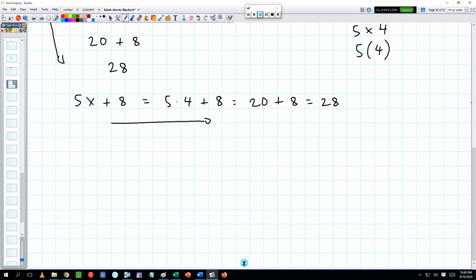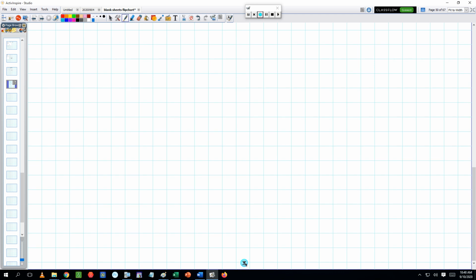Okay, so I want to do a few more expressions. So I have 3 plus 7x. I want to simplify that if x is equal to 5. So that'll be 3 plus 7 times 5. You're supposed to do multiplication before you add. So I'll do the 7 times the 5 first, and then I'll add those together.